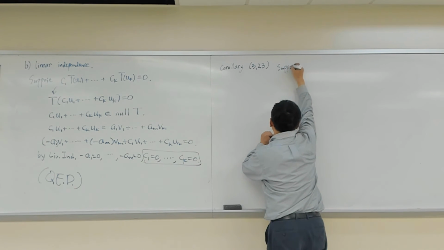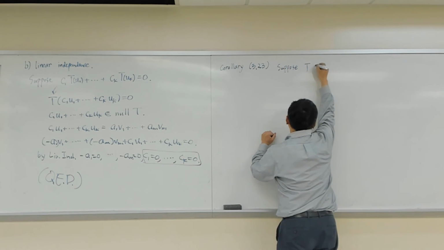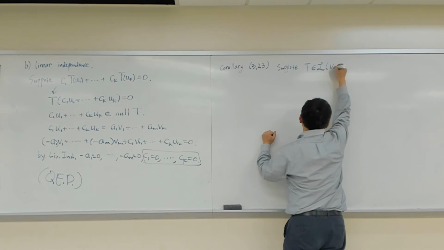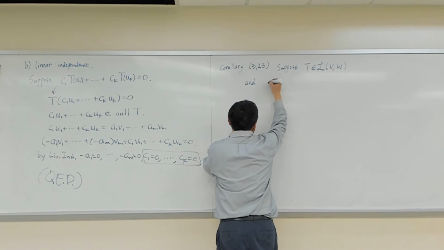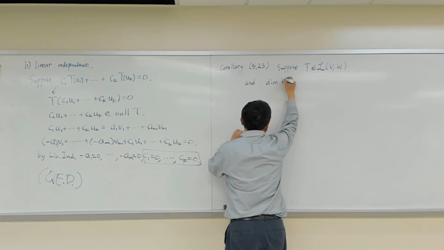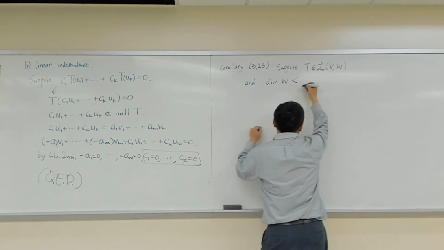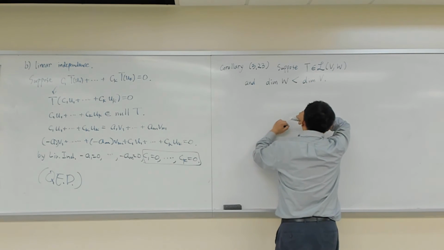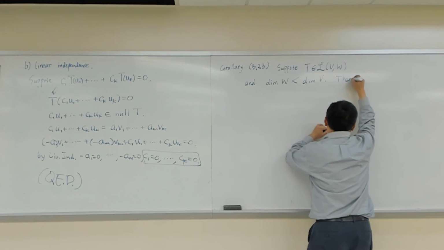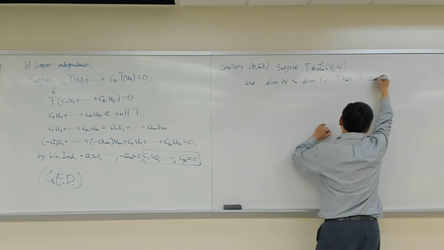Suppose T is a linear map from V to W, and the dimension of W is strictly less than the dimension of V. Then T cannot be injective.